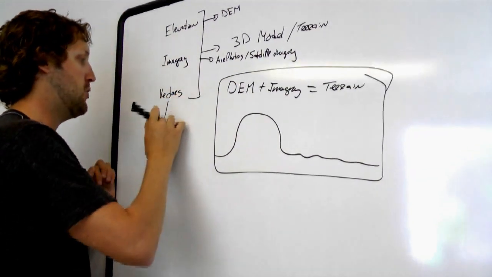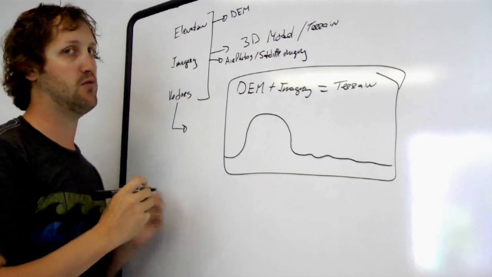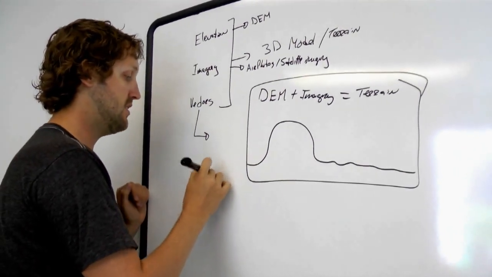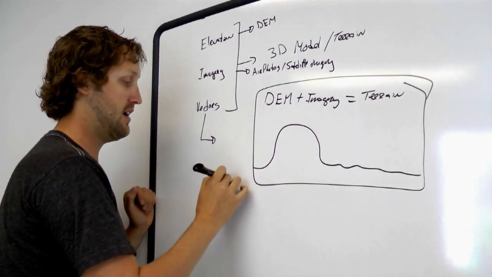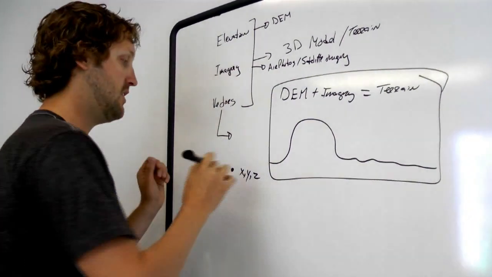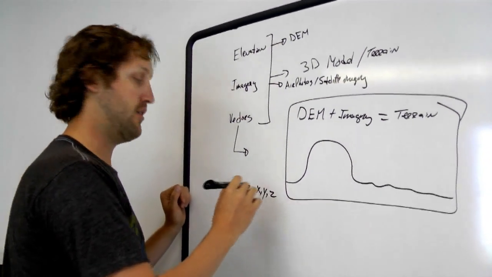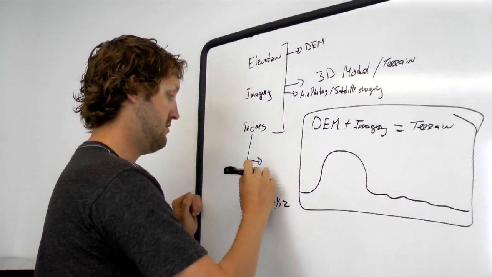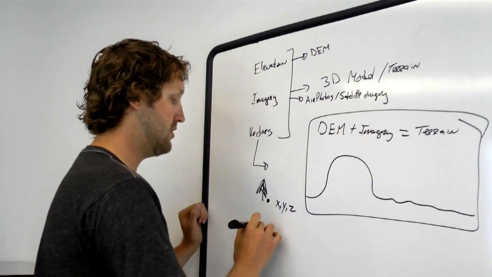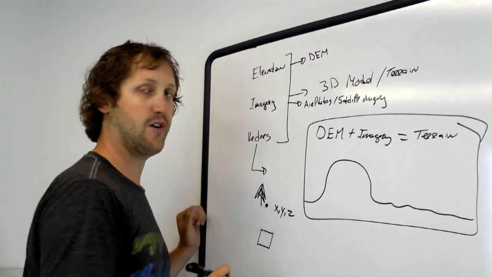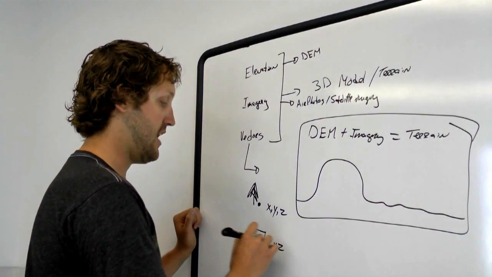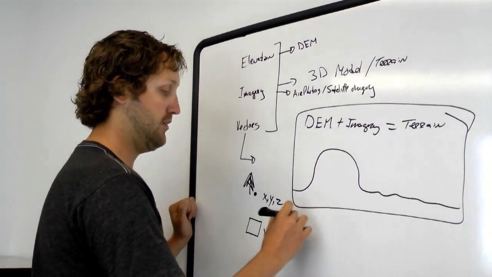But our vectors are quite important because they allow us to associate 3D models. So things like individual trees might be points. We can take that X, Y, and even Z information that's stored in a vector and associate a 3D model, i.e. a tree. We can also take vectors that might be polygons that have a surface area, but they'll still have our X, Y, and Z. This can be associated to something like a building.